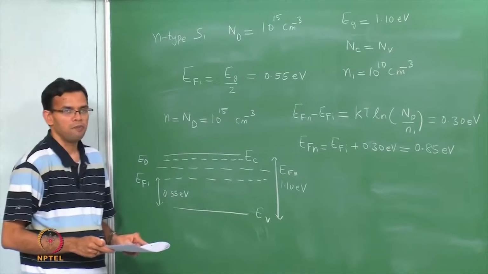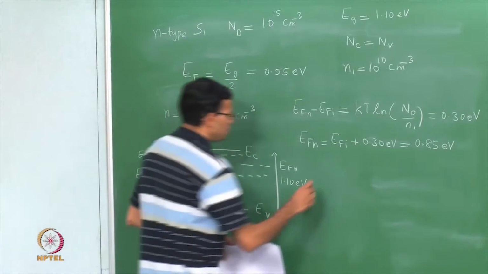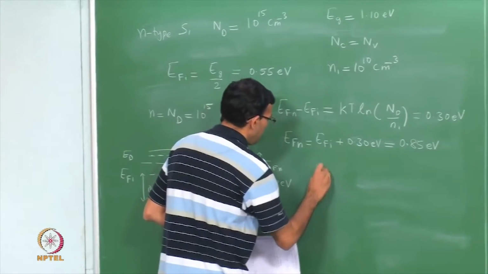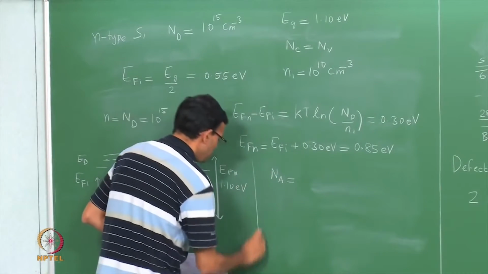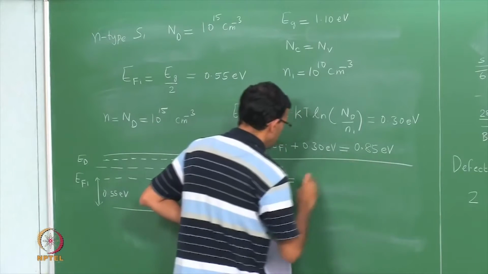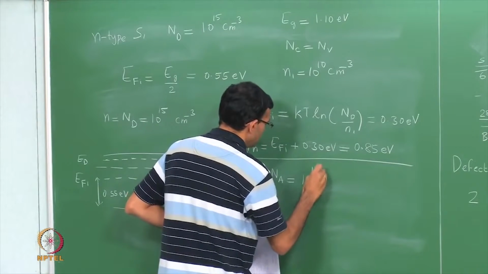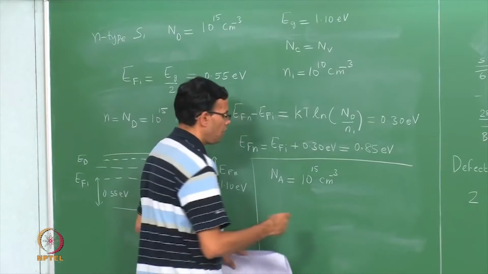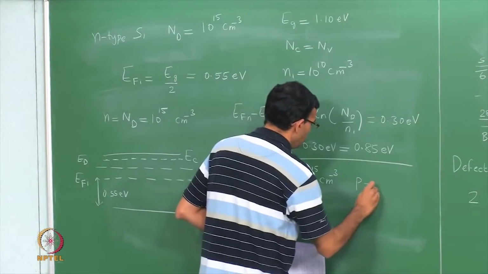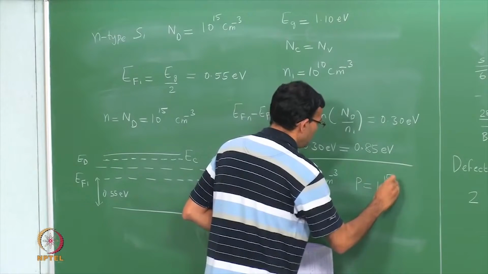In the case of a p type semiconductor, let us do a situation where we have Na, around 10 to the 15. Instead of electrons you have holes. So, your hole concentration is 10 to the 15.